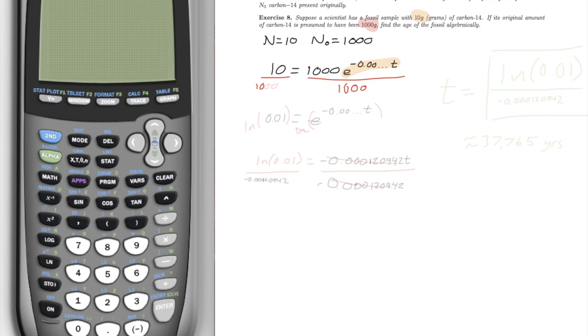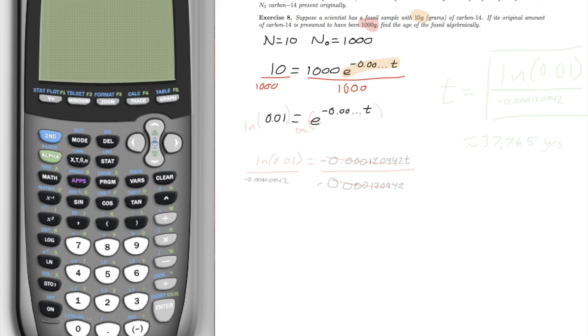The nice thing about dividing by 1,000 and having 10 initially is that the left-hand side gets very simple. That's just 0.01. And on the right, we've got e to the negative 0.000... t. So we're in good shape.